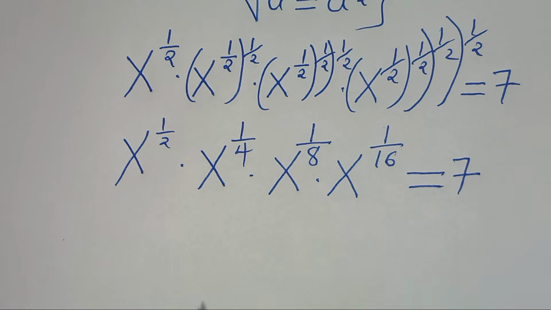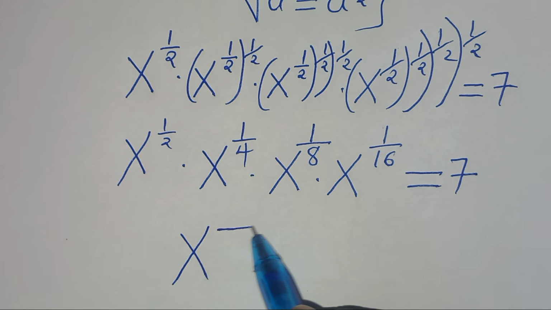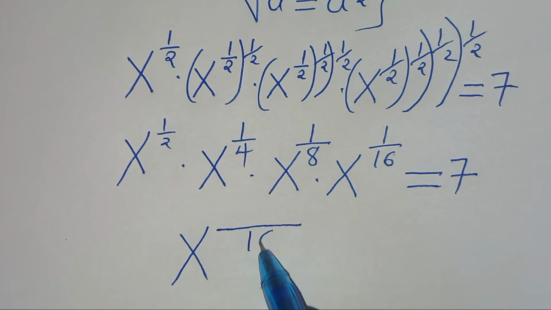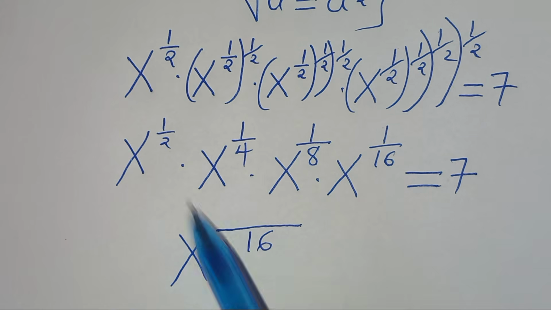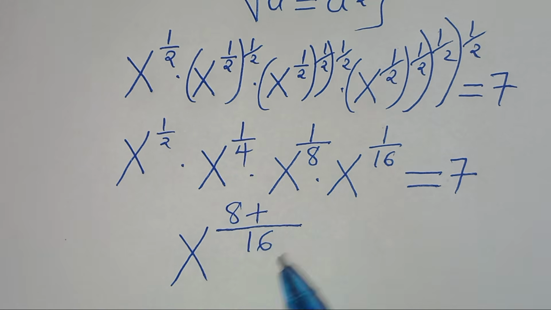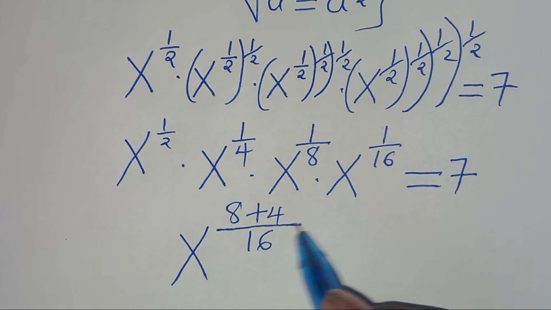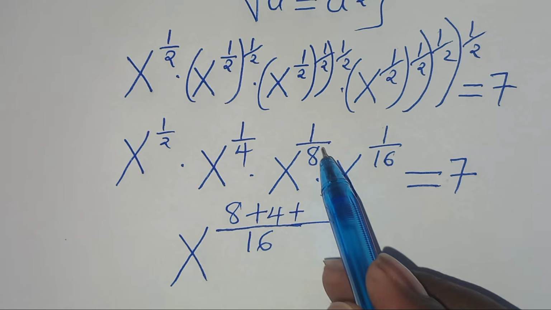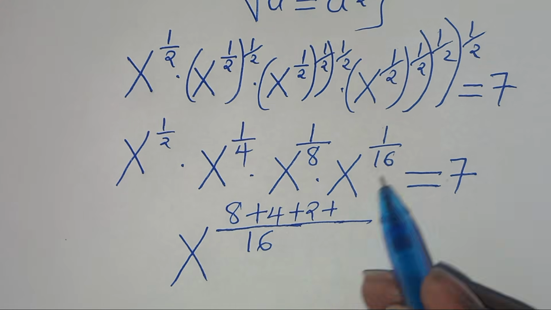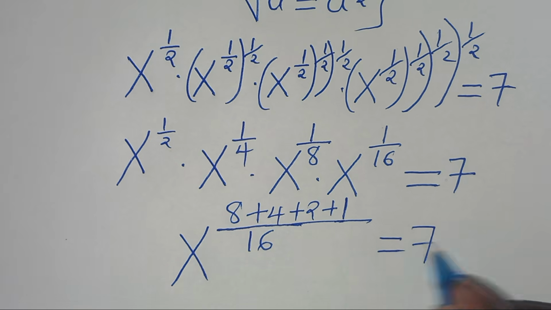Now the next step is that we have x raised to the power of, now we have the LCM here, which is equal to 16. 16 divided by 2, this is 8, times 1, this becomes 8, plus 16 divided by 4, this is 4 times 1, which is 4, then plus 16 divided by 8, this is 2 times 1, which is 2, then plus 16 divided by 16 is 1, times 1, this is 1, and this is equal to 7.